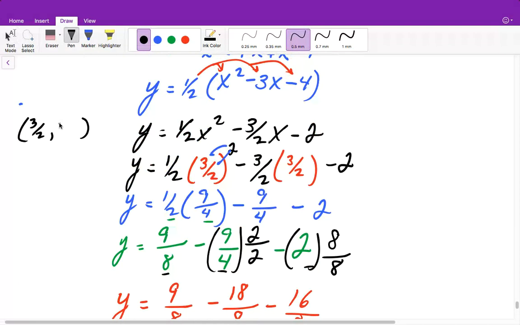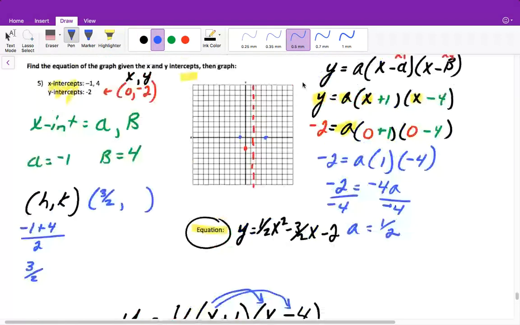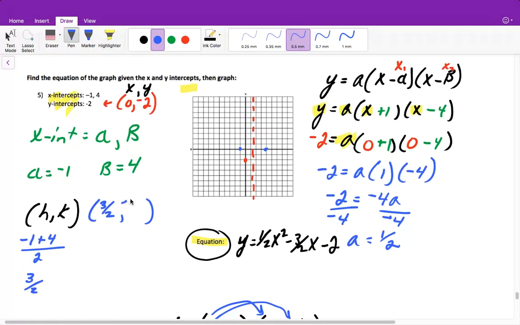So our vertex is 3/2 and negative 25/8. This was a value of 1.5, which we used to already plot our graph here. We know the next one was negative 25/8, and negative 25/8 is negative 3 1/8. So it's negative 3 and then slightly past it.